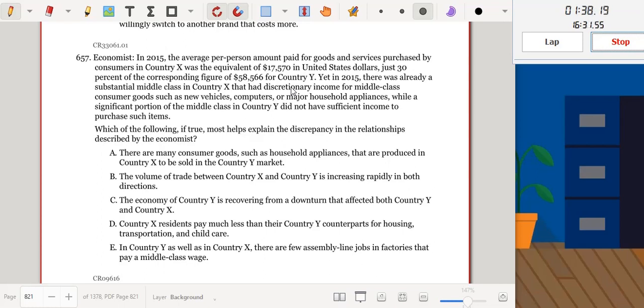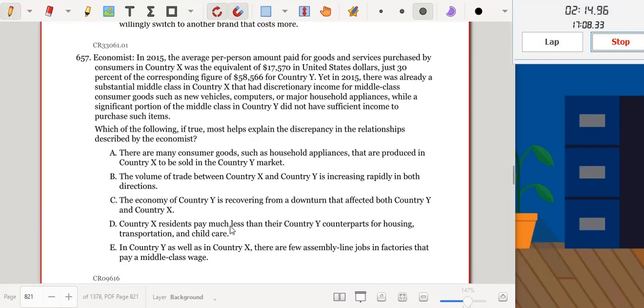So they are saying that in country X it was 30% of Y, yet the substantial middle class in country X had discretionary income for middle class consumer goods.